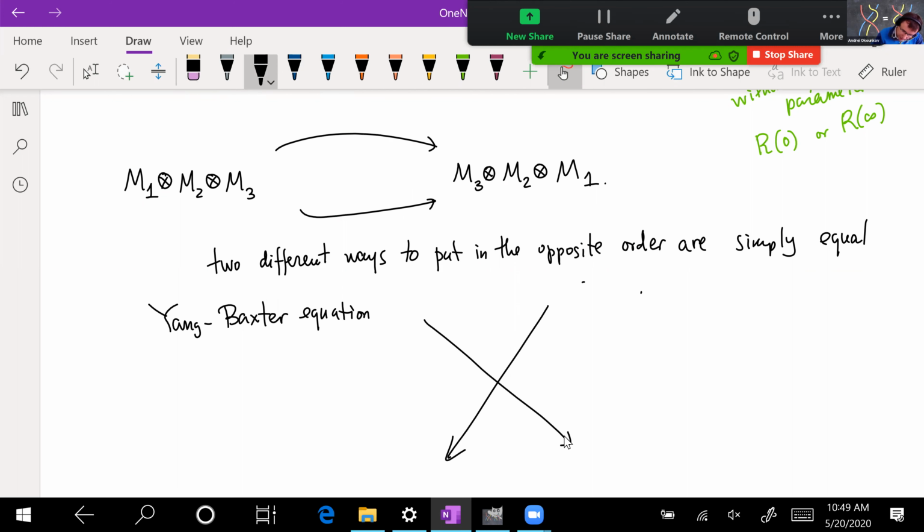There are some degrees of freedom that live in some module, maybe call it M1, and in some module M2, and each has its own variable called rapidity. When they interact, you have this R matrix R12 of A1 over A2.